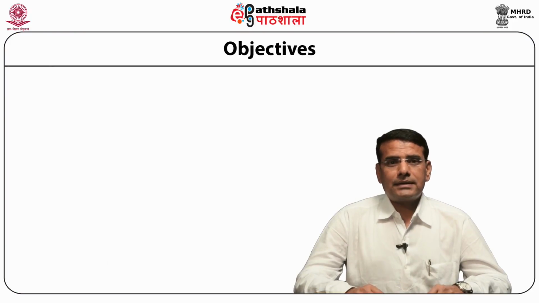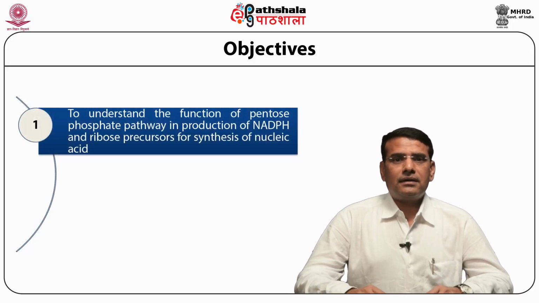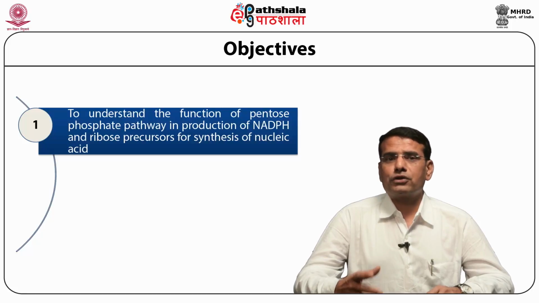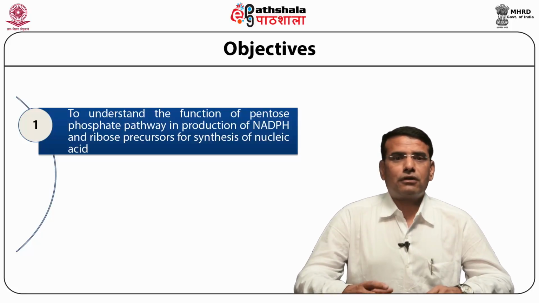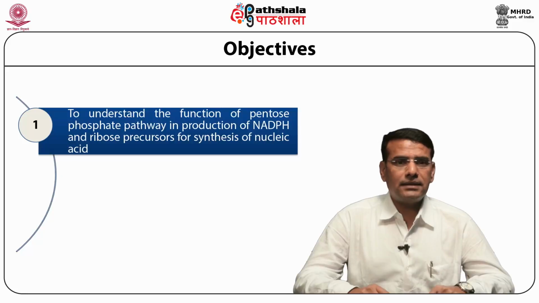Today we are going to discuss a module on the pentose phosphate pathway under the paper carbohydrate metabolism. Students, let us see what we are going to learn in this module. We will try to understand the function of the pentose phosphate pathway in production of NADPH and ribose, a precursor for synthesis of nucleic acid.